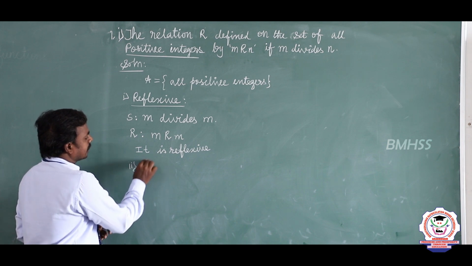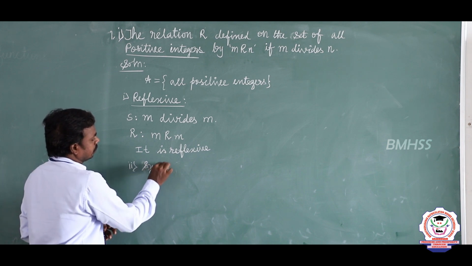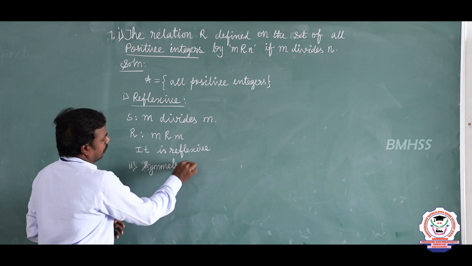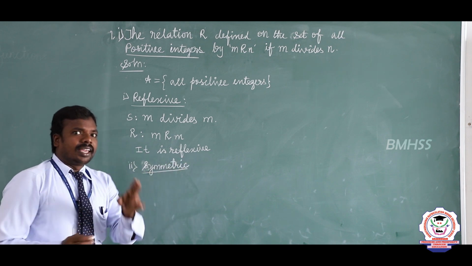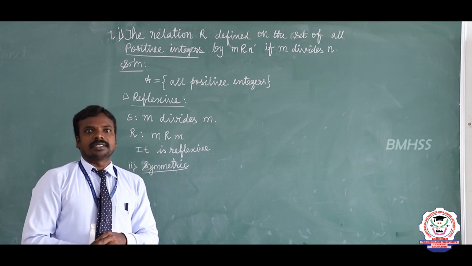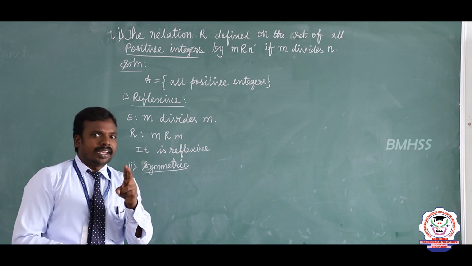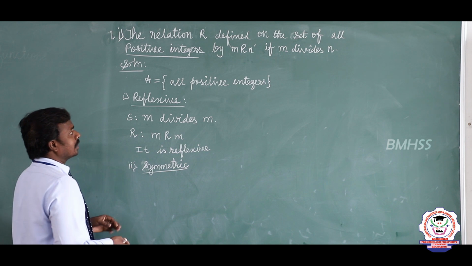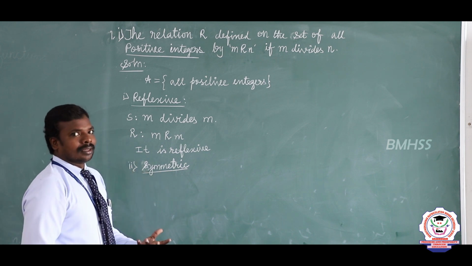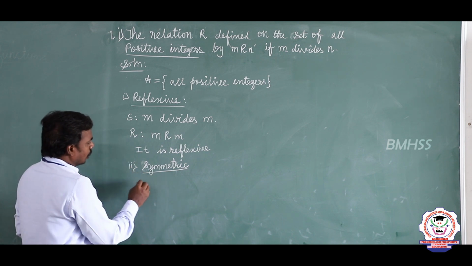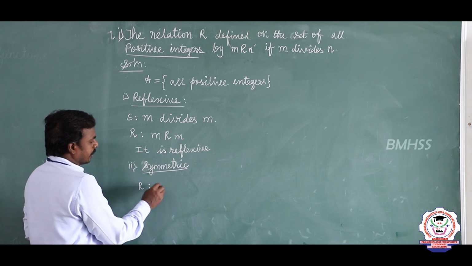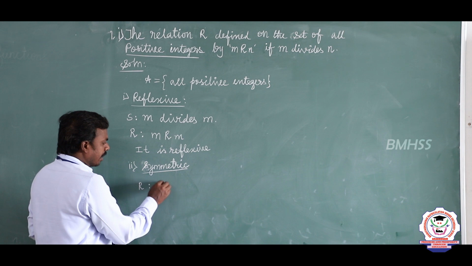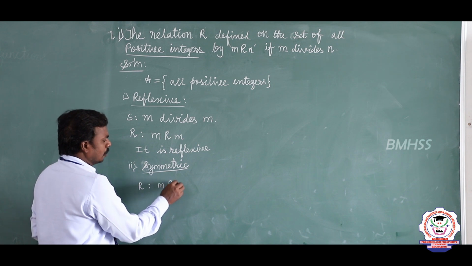Now symmetric relation. In the symmetric relation, we need two elements. What are the two elements? m, n. First I am going to write the relation, that is m is related to n.